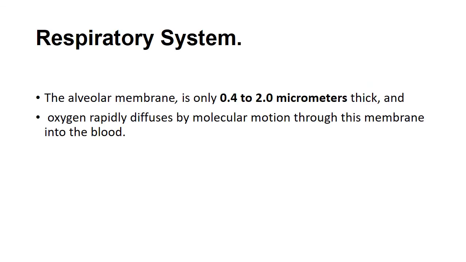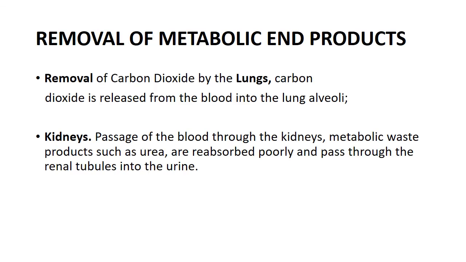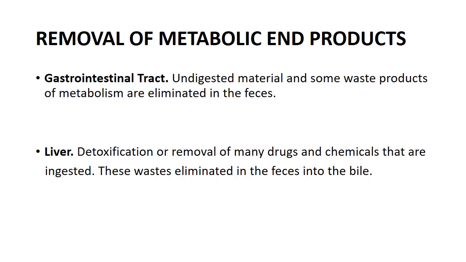So there are many systems, as I told you, to maintain the constant environment. Oxygen rapidly diffuses from lung to blood and carbon dioxide from blood to alveoli. This is a function of the respiratory system. The main function of the kidney is to remove unwanted metabolites like urea, which is poorly reabsorbed and passes through the renal tubule into the urine.